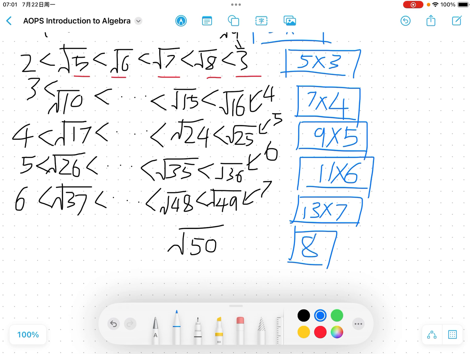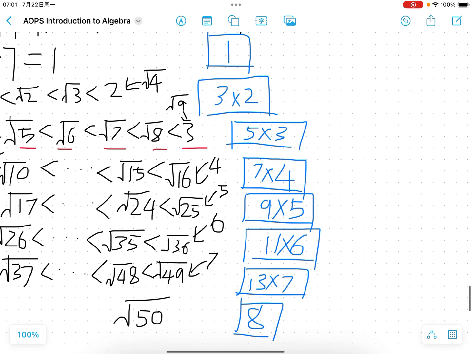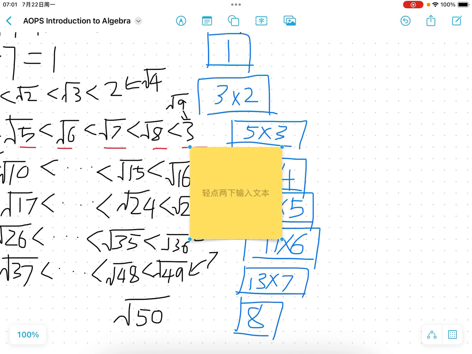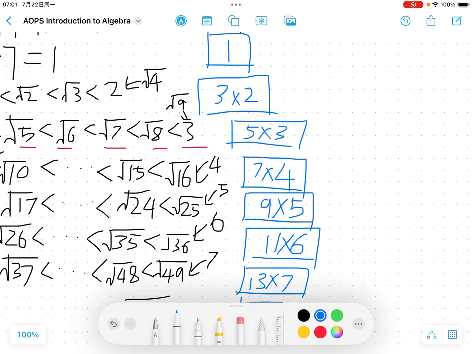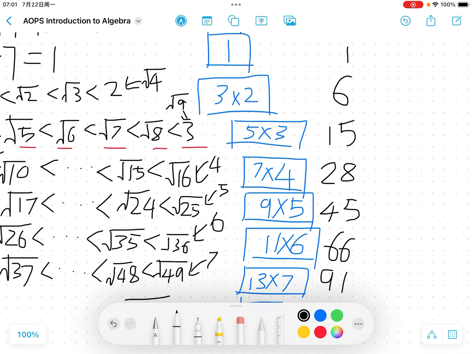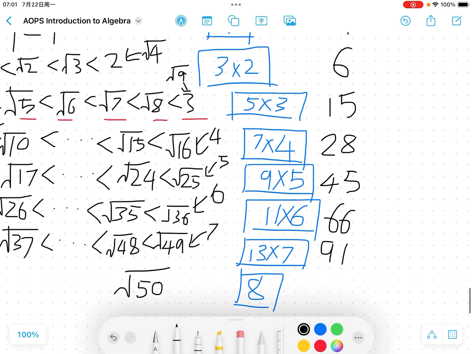Now if we add all these numbers up, let me evaluate them right here. We have 1 plus 6 plus 15 plus 28 plus 45 plus 66 plus 91 plus 8.